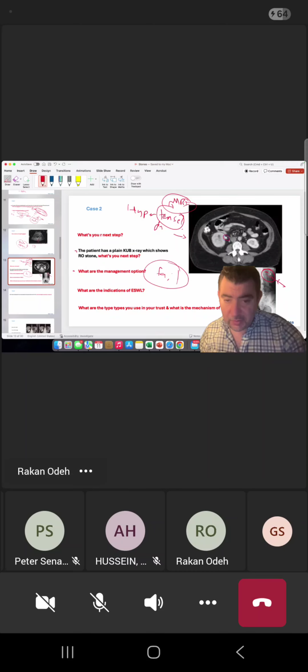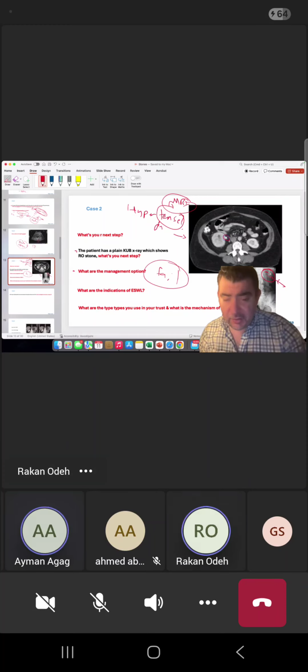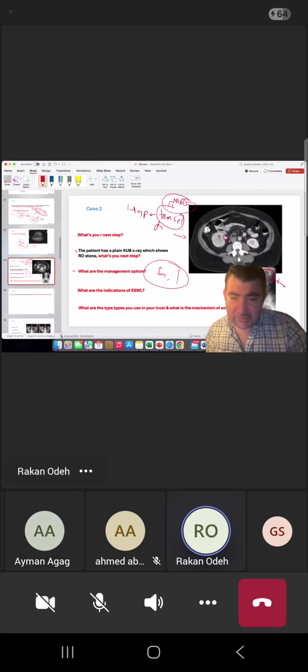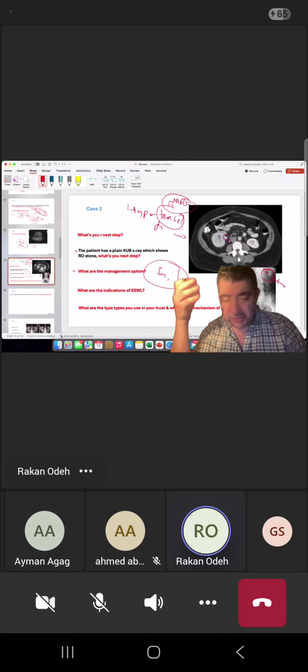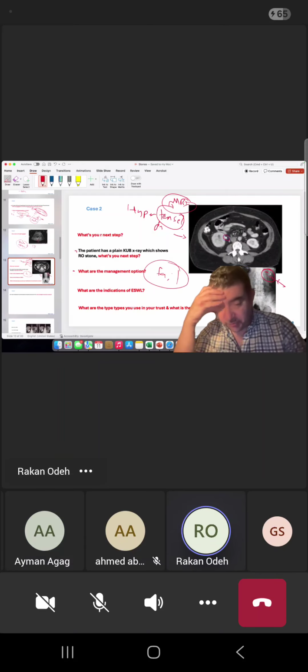There is a TISO trial which compared ESWL to other options. You can also use the NICE guideline to support your treatment. That's enough, you don't need more. If you mention the NICE guideline, that will give you a boost in marks as well.